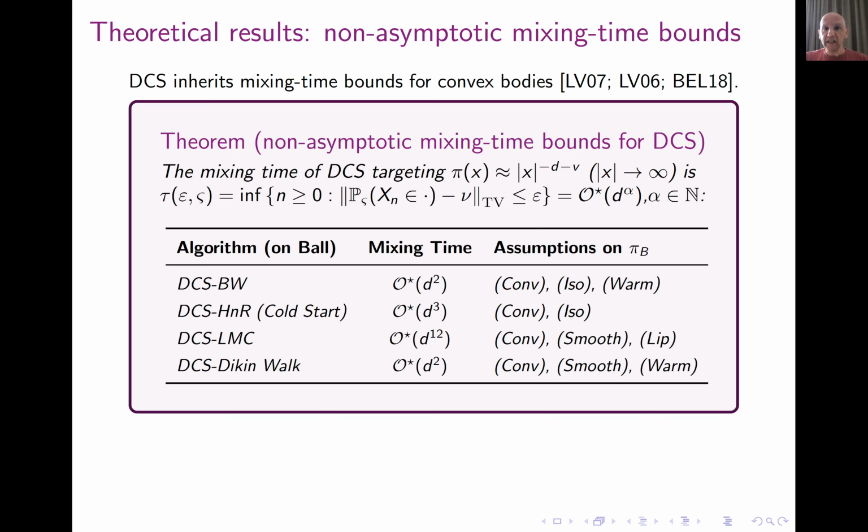This is a rigorous theoretical result that sort of guarantees that if I take a heavy tail target, my algorithm, this diffeomorphic contraction sampler, will have mixing time bounds of order d to the alpha, okay, where alpha is some integer, so it'll be polynomial, and here they're stated, and they're essentially inherited from these various algorithms, ball walk, hit and run, Langevin Monte Carlo, and Dikin walk on the ball, that have been done in this sort of long-standing literature on non-asymptotic bounds for sampling on convex bodies, okay?